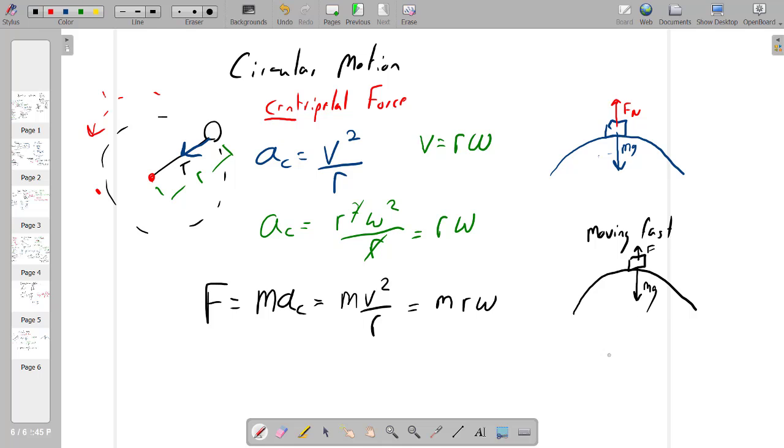If you are moving slow, think about just on a flat surface, your F of n equals mg. So really slow, your F of n gets closer and closer to mg. In this one, you feel like you're flying off the surface, so you feel weightless. That means you don't feel any normal force. Okay. Any questions on that?